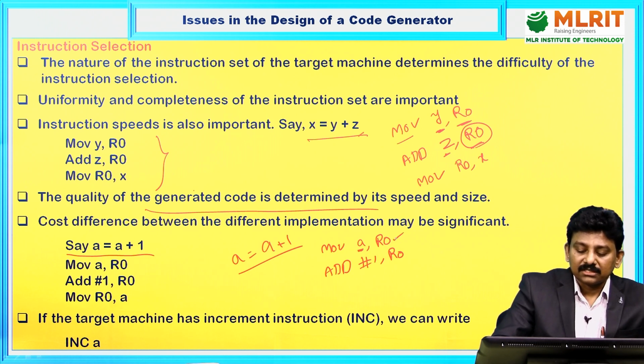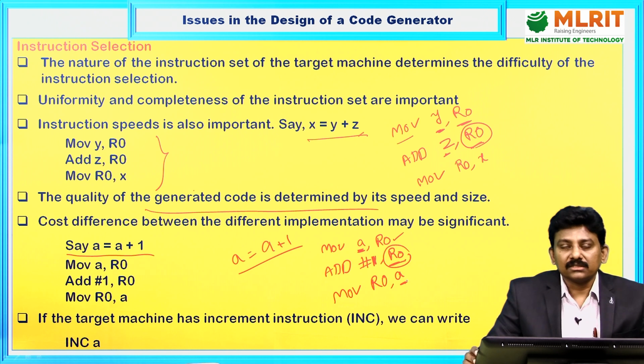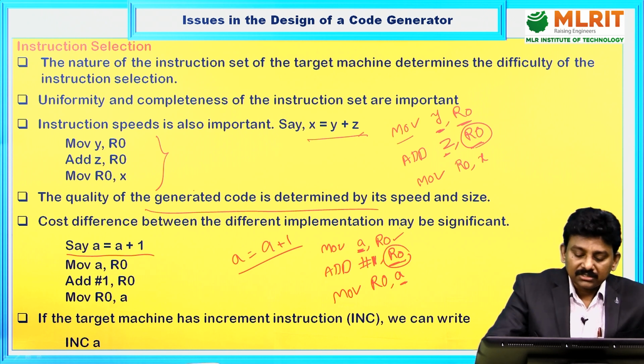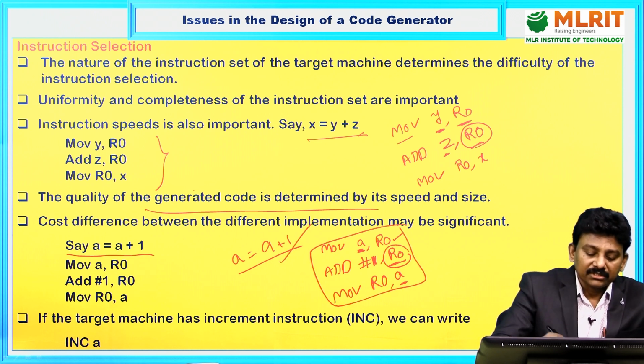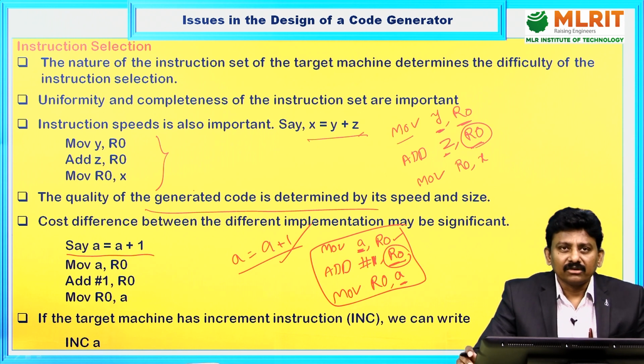R0 is a register that contains the value of A. After that, 1 is added to the value of R0. So the result is also stored in R0. Finally, move R0 comma A, the result is moved to variable A. So 3 instructions are needed to perform this operation, just to increment the value of A.